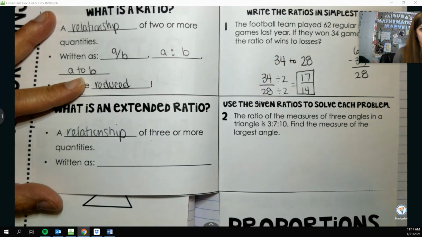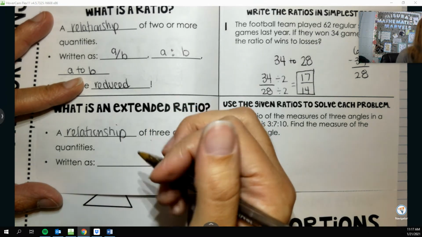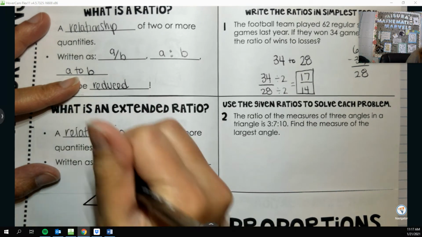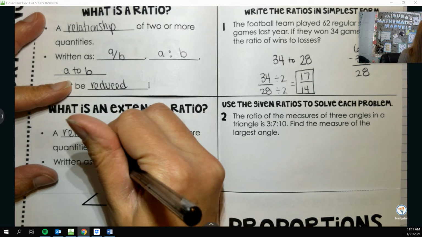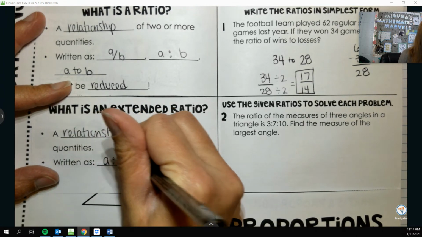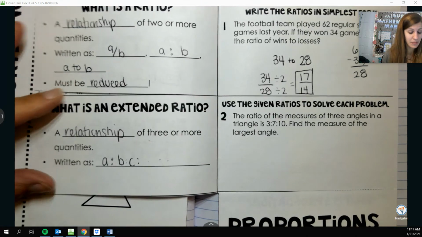So for 2, it's just a ratio, but an extended ratio is going to be more than 2. So 3, 4, 5, any amount of numbers really that I want, more than 2. And so we wouldn't be able to write that as a fraction anymore, unfortunately. We kind of have to use the colons. So like A to B to C to whatever, like D, E, F, G.